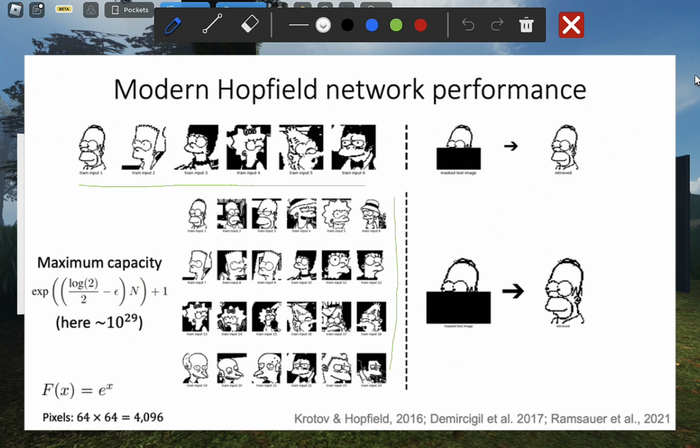These are two different networks here, and you can get perfect recall of Homer's face. And actually, the memory capacity is something like this, where n is the number of neurons. So here, in this example, if we had 4,000 neurons, we could have about 10 to the 29 binary patterns if they were random. But of course, these aren't random.